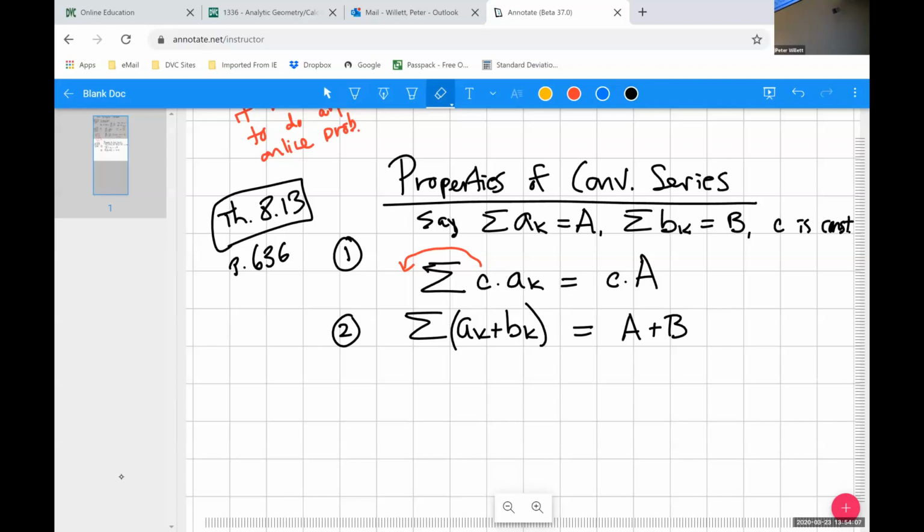And this would be true also if we were doing subtraction of the two. So these first two, I think, look pretty familiar, but the third one is a little bit more interesting.